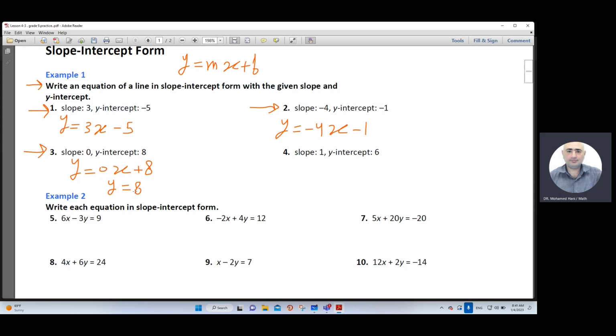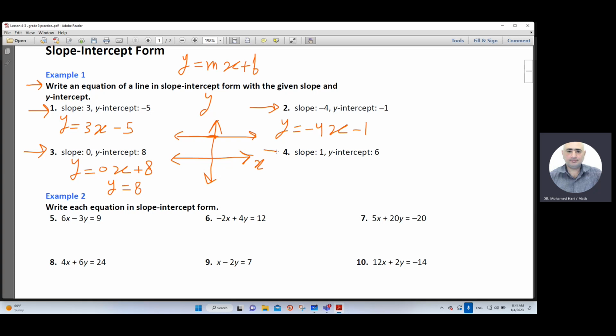Yes. When the slope equals 0, as you see here, if you want to graph y equals 8, what's the meaning of y equals 8? Go to the y-axis and represent 8. This is 8. Then you can draw the line parallel with the x-axis because there is no intersecting point between the line and the x-axis. Okay?